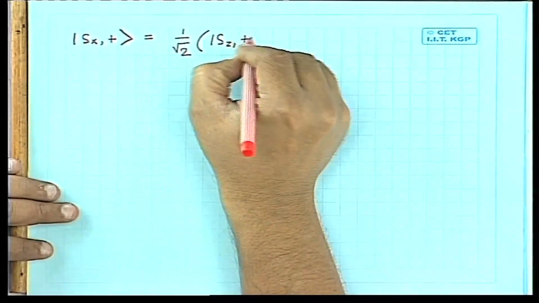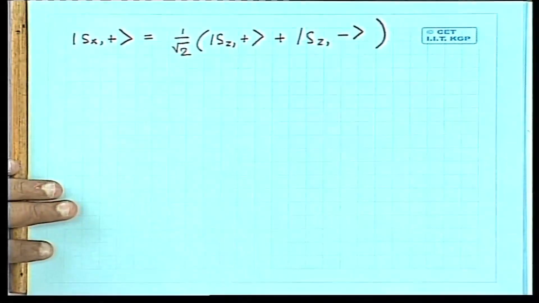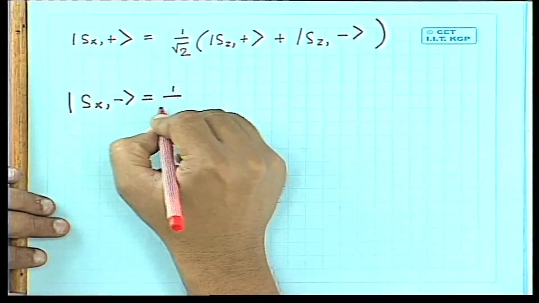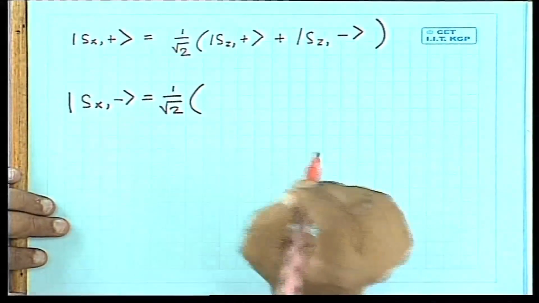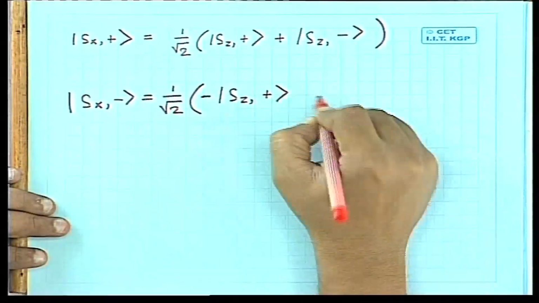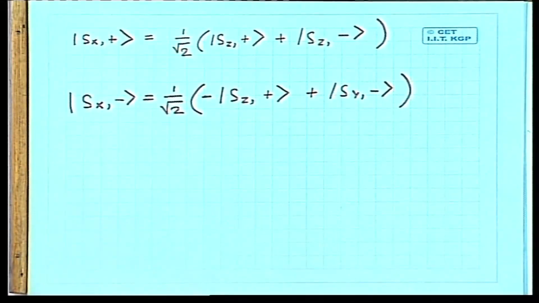So this is a situation where the x component of the spin is half h cross, and we have Sx minus.